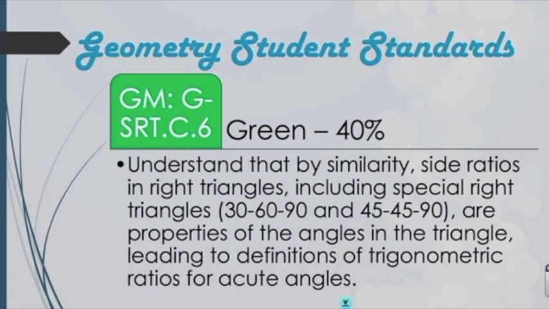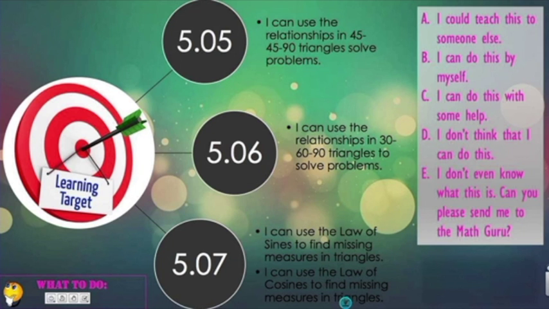And here's our standard that we're going to be addressing today. Understand that by similarity, side ratios in right triangles, including special right triangles, 30, 60, 90, and 45, 45, 90, are properties of the angles in the triangle, leading to definitions of trigonometric ratios for acute angles.